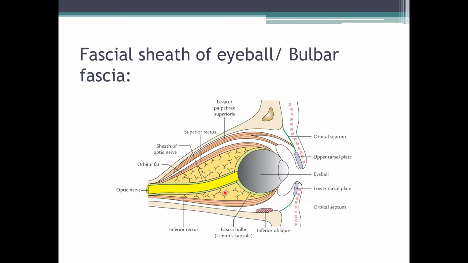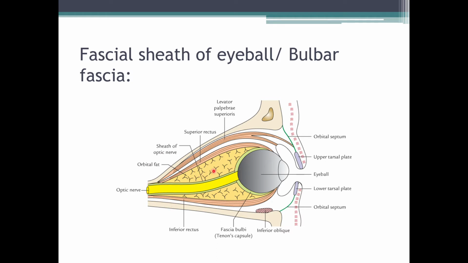The bulbar fascia, or the fascia bulbi, is also known as Tenon's capsule. This Tenon's capsule is a thin, loose membranous sheet around the eyeball. It is coming from the optic nerve and extending towards the sclerocorneal junction.